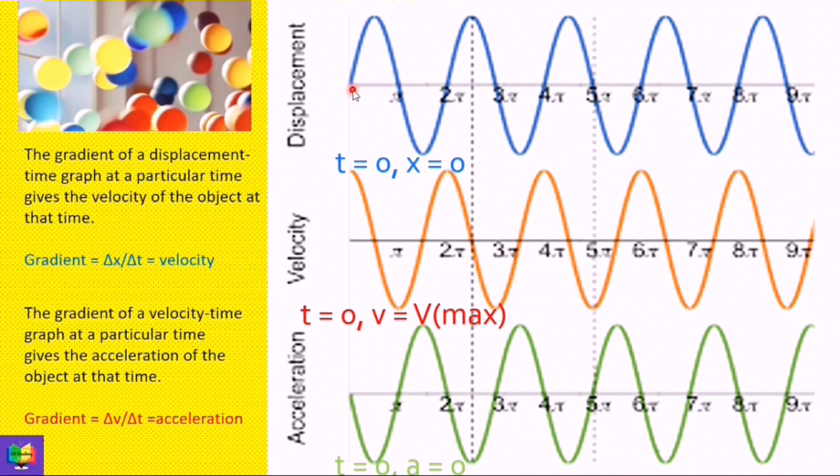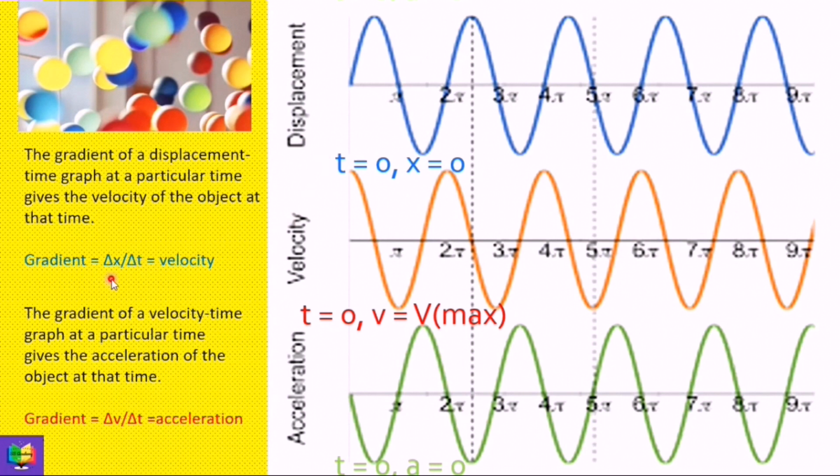Now it must be noted that the gradient of the displacement time graph gives the velocity of the oscillator at any time t, that is v is equal to delta x over delta t, as I have written on the left hand side, or it is equal to delta y over delta x, where delta represents a small change, y is the y coordinate and x represents the quantity on the x-axis.